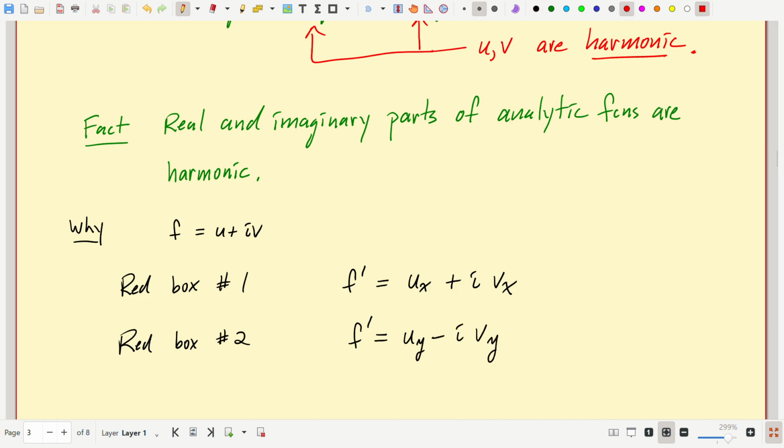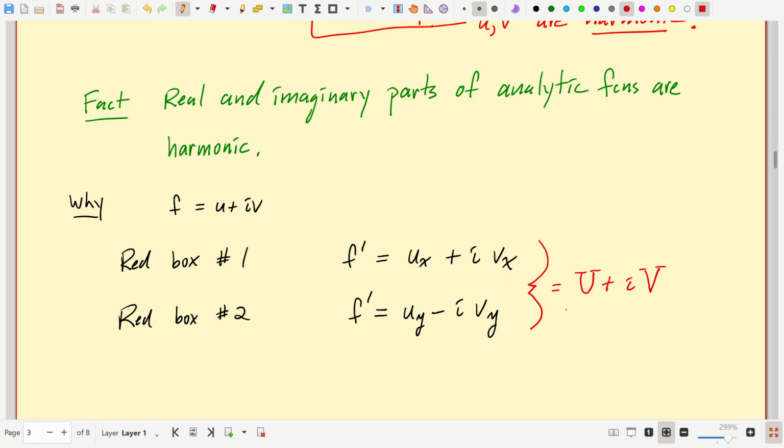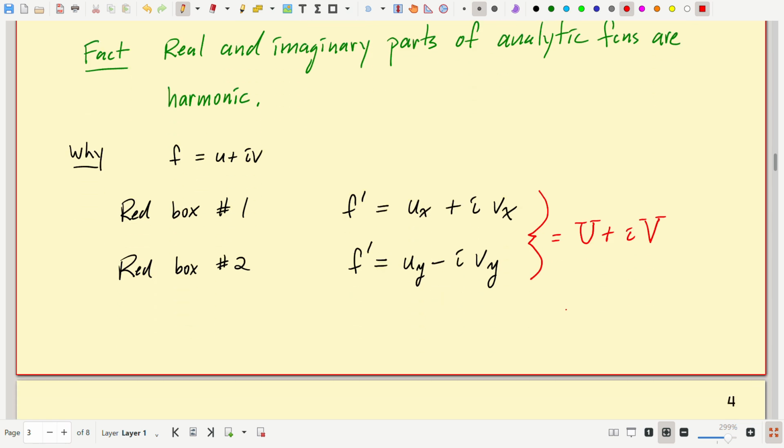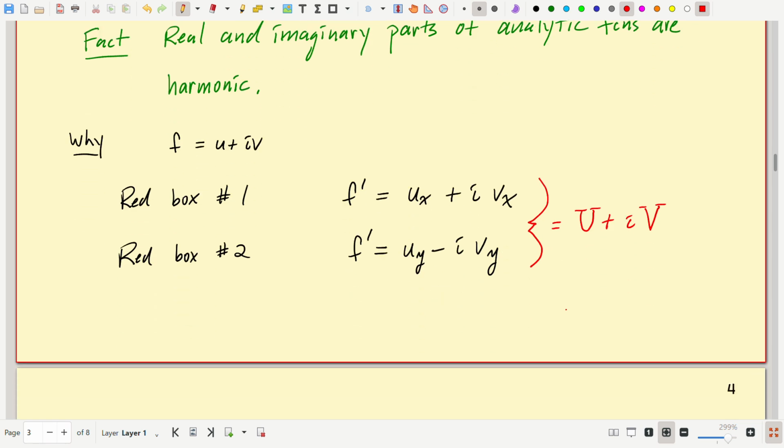Well, however I write those two things, I'm going to write them now as capital U plus i times capital V. Capital U and capital V satisfy the Cauchy-Riemann equations, if I can differentiate it more than once. And that's going to show me that they're harmonic.